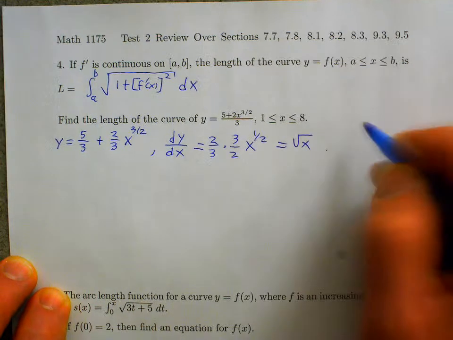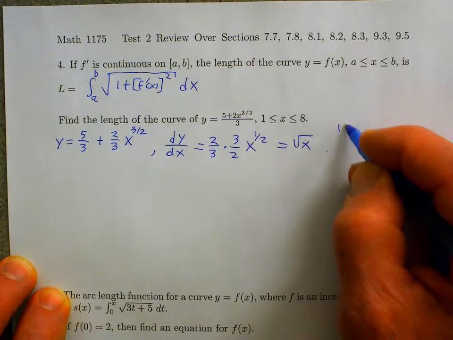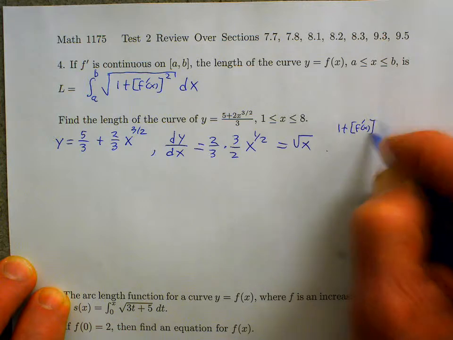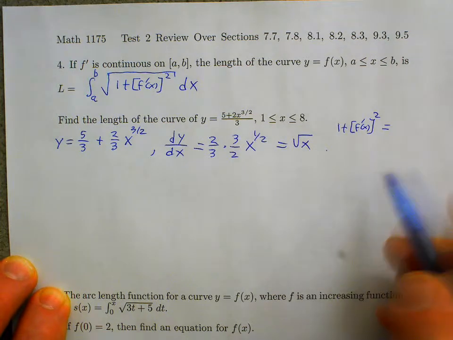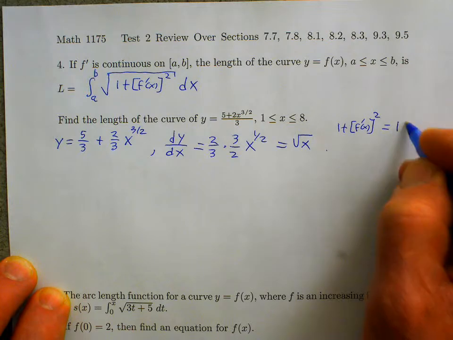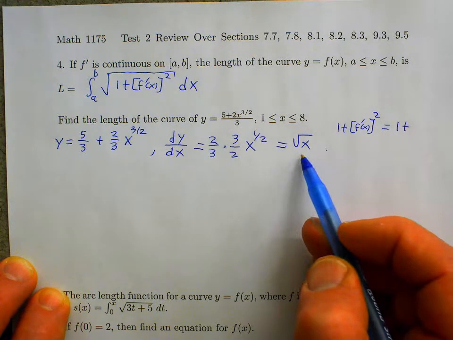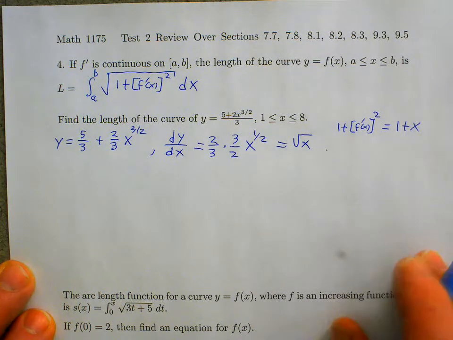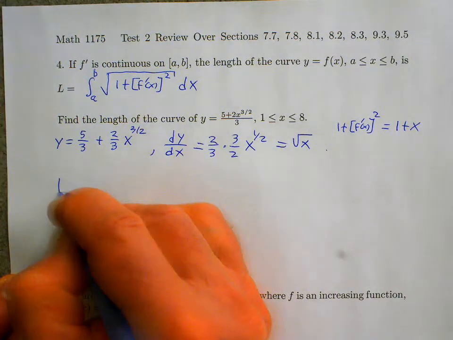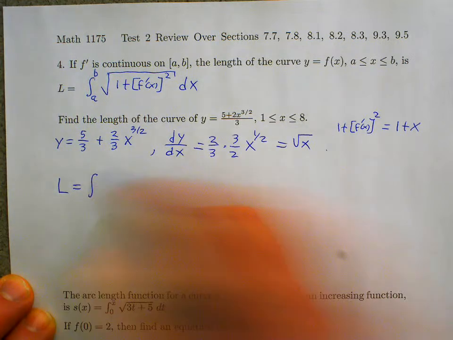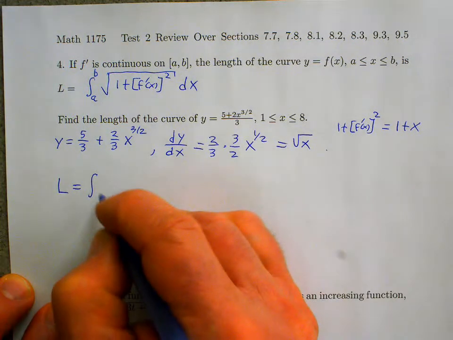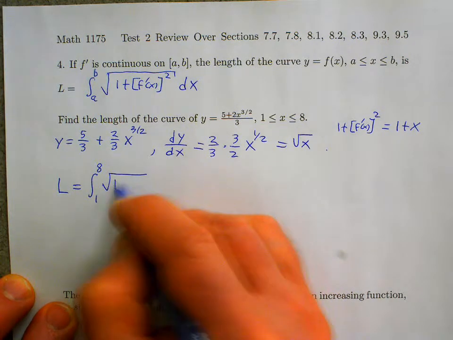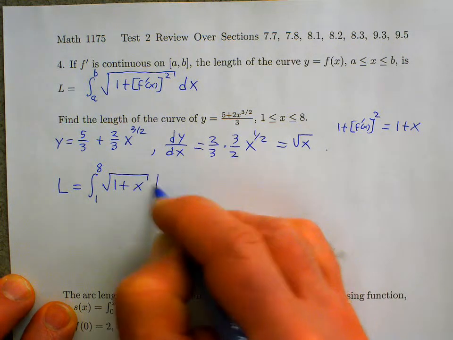And let's go ahead and write what 1 plus the square of the derivative is. So it's 1 plus, and then when we square the square root of x, we just get x. So the length of the curve is the definite integral from 1 to 8 of the square root of 1 plus x dx.